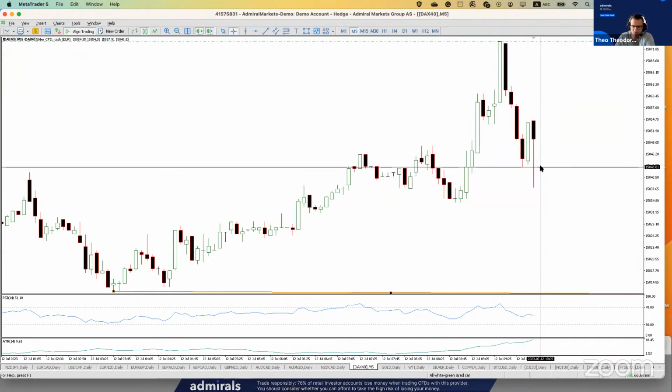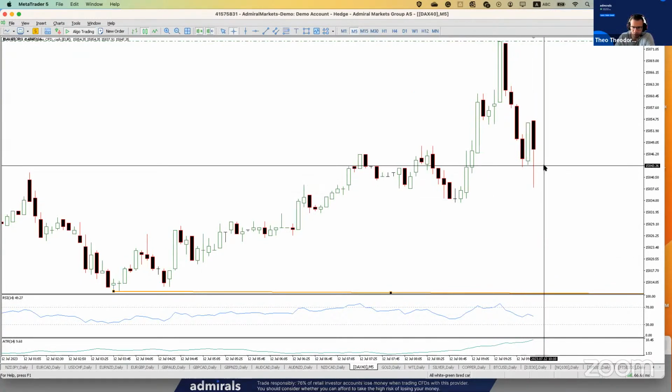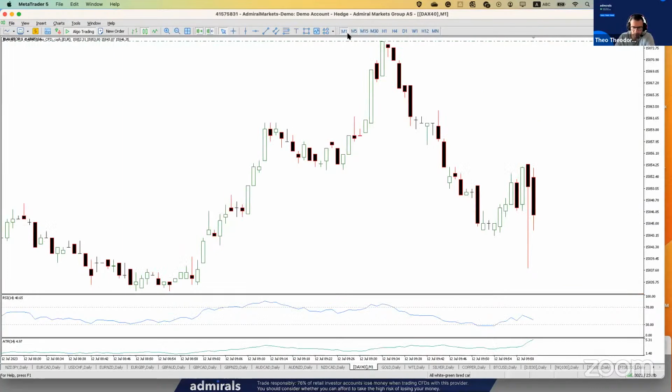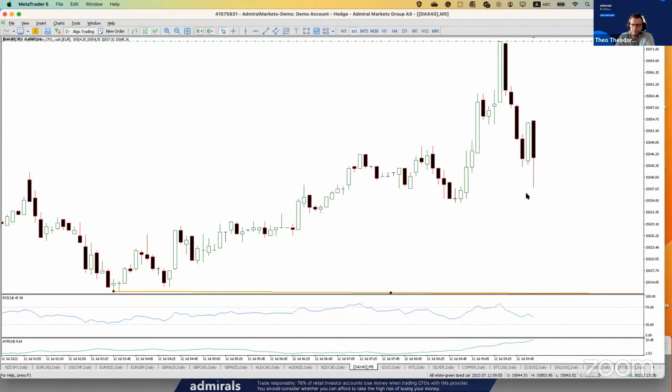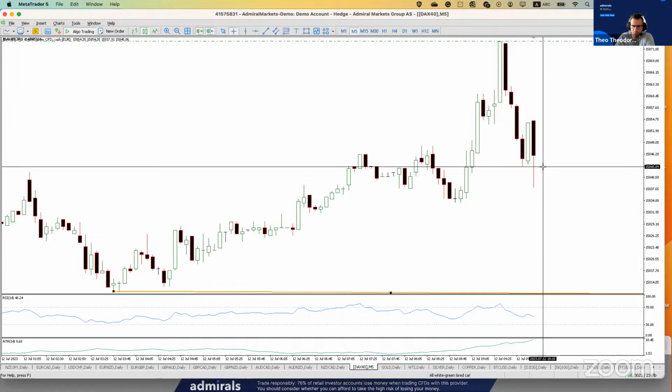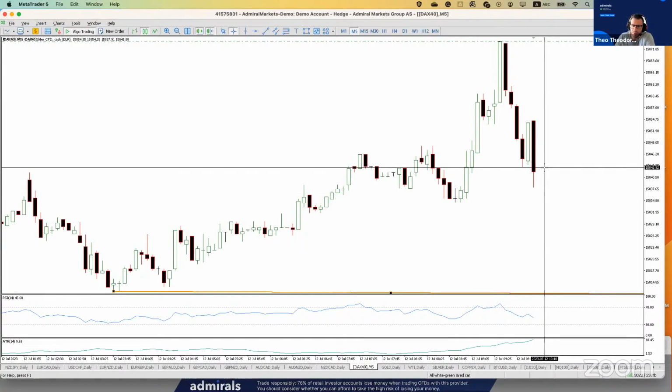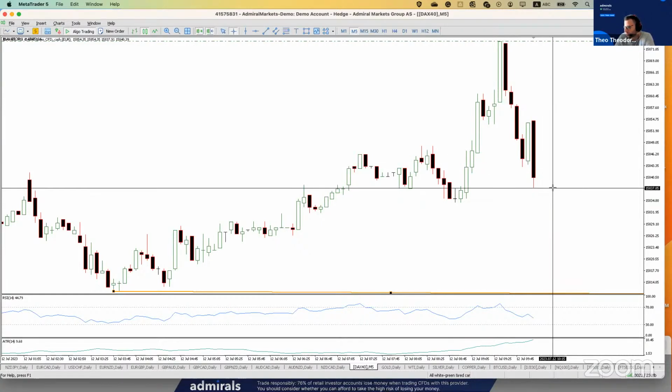Guys, I missed the entries here. I didn't get into any trade. Let's see how this is going to develop. Oh, look, always when I trade it here. What do you mean, Florin, where to put the stop loss?